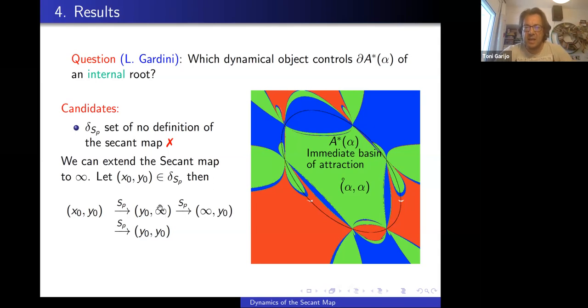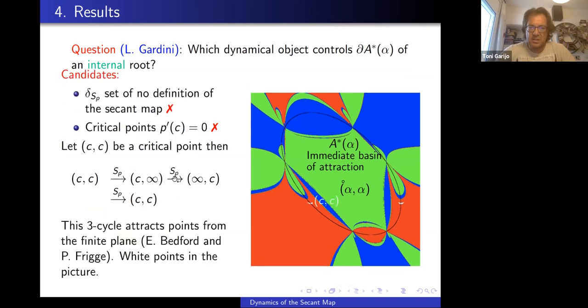So using the chart 1 over y for this second component, it's possible to study the behavior. If you do this, the second iterate maps to infinity, y naught, and the third iterate comes back to the finite plane. So if you take a point that maps to infinity, in 3 iterates it comes back to the finite plane. So these, for example, can converge to the root.